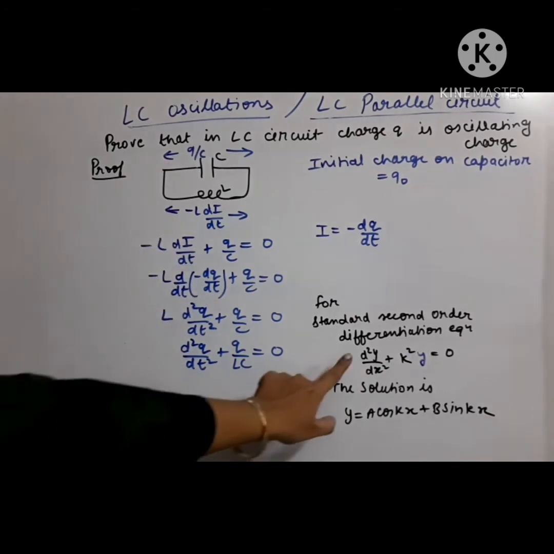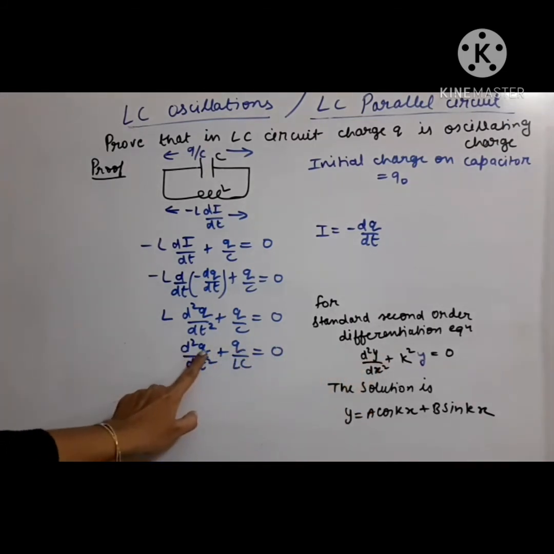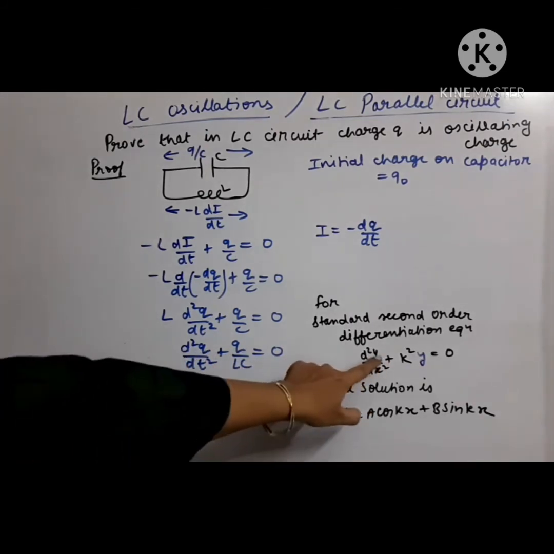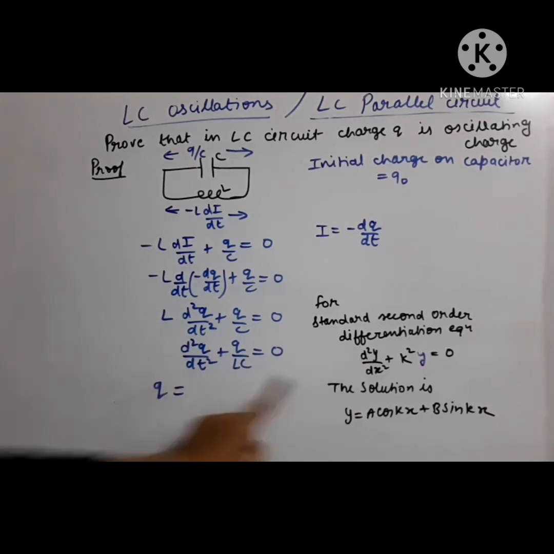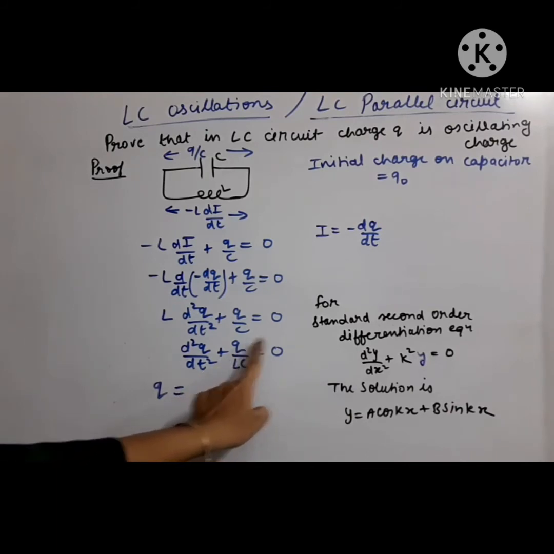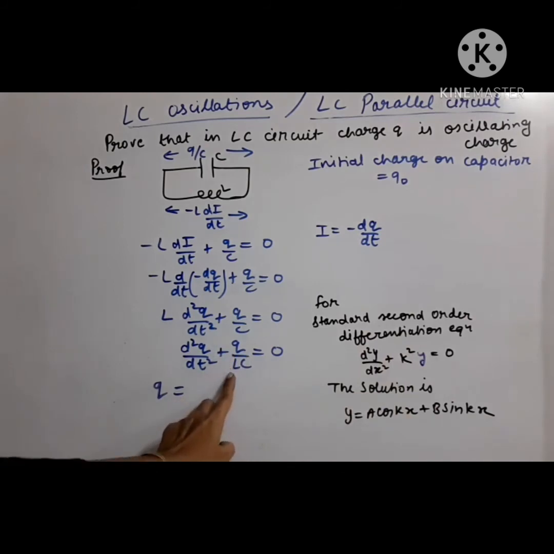We have d square q, so in place of y we have q. Then in place of x we have time. And with q, that means with y, k square comes, so here we have 1 by LC.